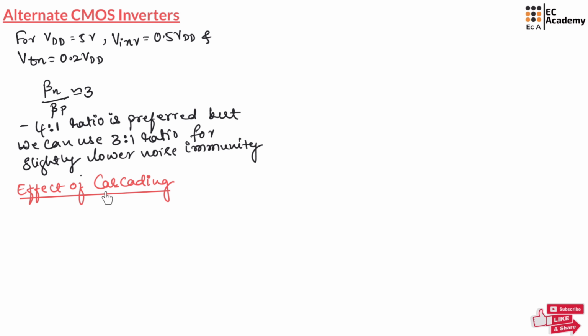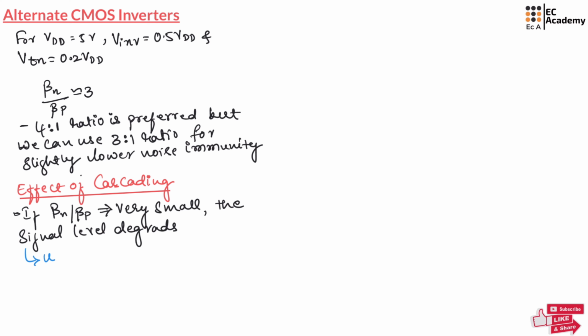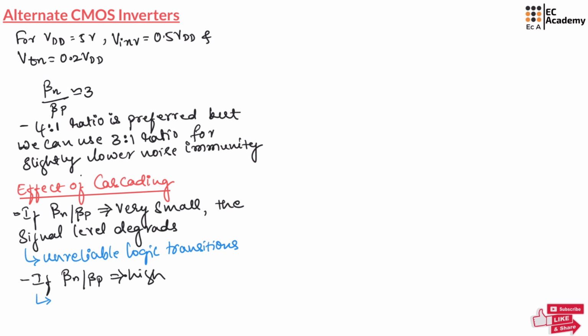Now let us understand the effect of cascading. If the beta n by beta p ratio is very small, the signal level will degrade. That will lead to unreliable logic transitions. If beta n by beta p ratio is high, this will ensure fast switching and better signal integrity.